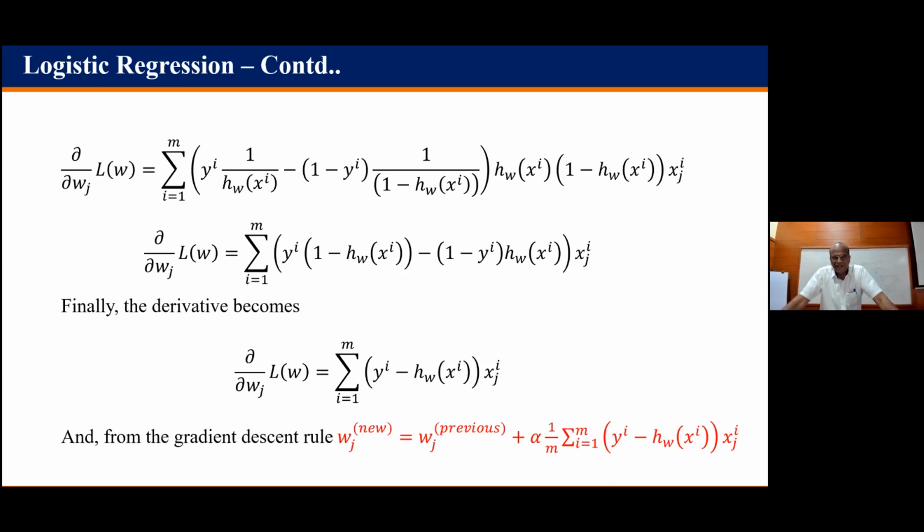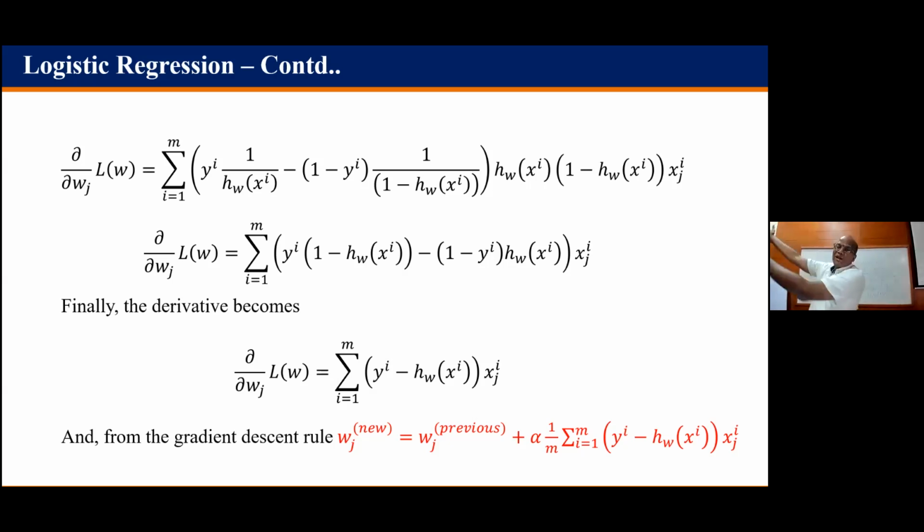Now, if you do the math, in the interest of time, I will just tell what we have done, and then you'll be able to understand. Take the denominator hW of xi into (1 minus hW of xi) and cross multiply. You will get yi into (1 minus hW of xi) minus (1 minus yi) into hW. The denominator will be hW into (1 minus hW of xi).